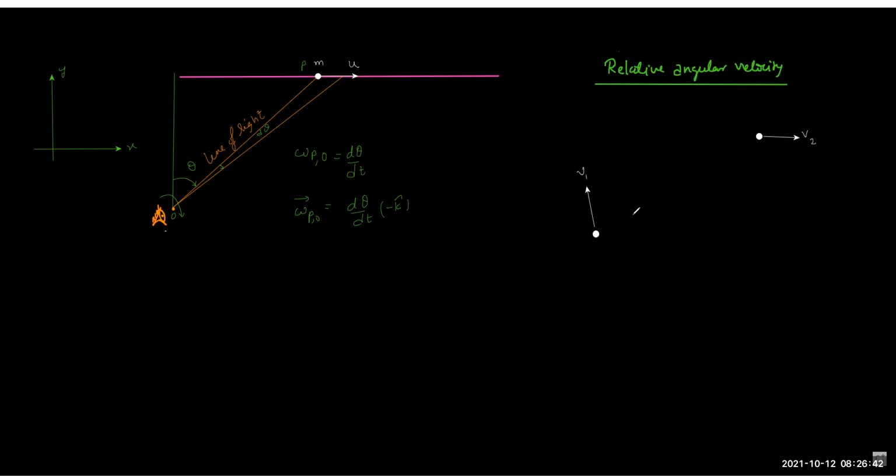That is your freedom. So when it comes to the relative angular velocity between two particles, we may choose one of them as an observer. That's the idea. So you let me know which one you want to take as the observer and which one as the particle. So I'm keeping the V1 as the observer.